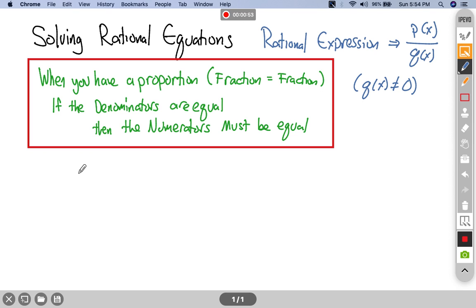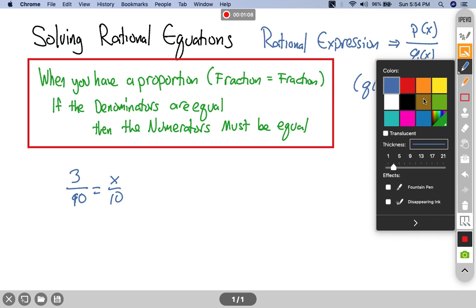So for example, if I had 3 over 10 equals x over 10, I can say here, since I have 10 equals 10, then in order for 3 over 10 to be something over 10, x has to equal 3. And I can take advantage of that to help make solving these a lot easier.